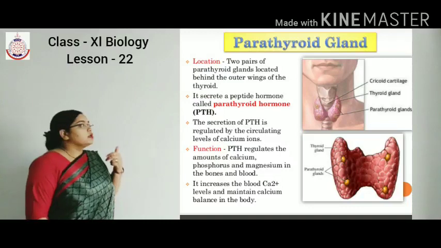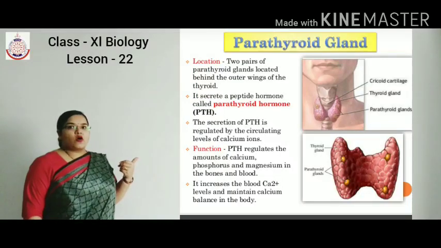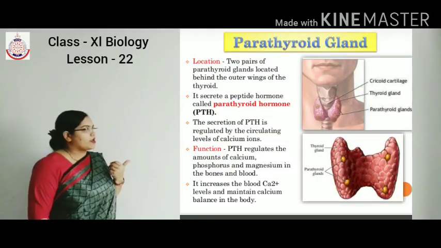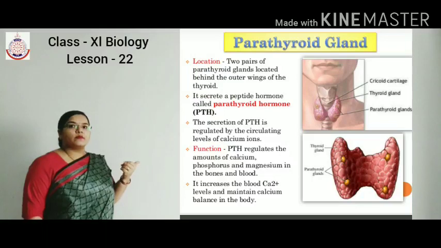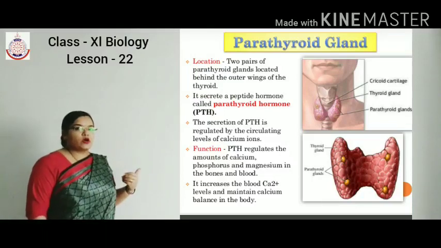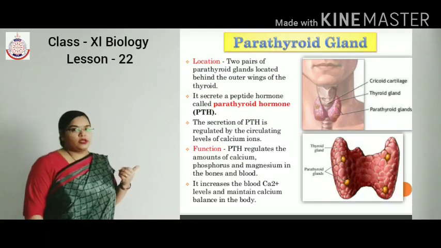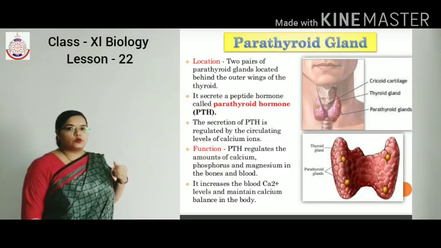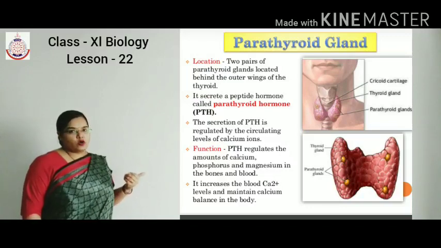Now, this gland secretes a hormone called parathyroid hormone or PTH, also known as parathormone, and also known as Collip's hormone, by the name of the scientist who discovered this hormone.